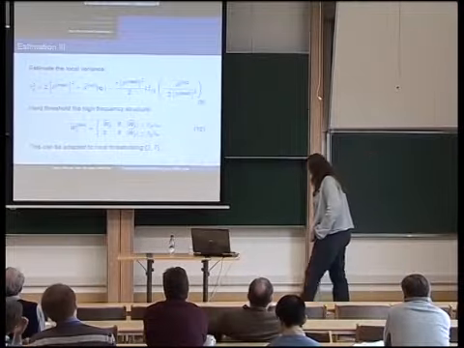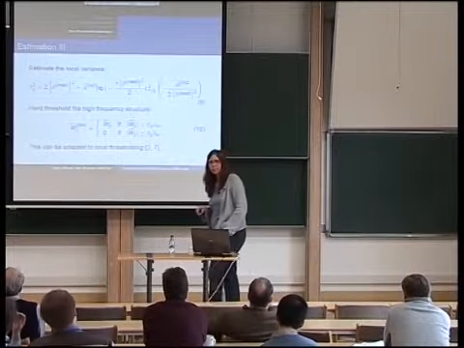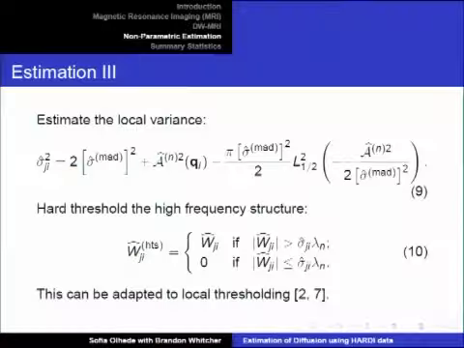Then, once you have an estimate of the local mean, the variance, you can estimate the variance of the Weyland coefficients and just plug in all of your estimates in the formula, and you end up with an estimate of the local variance. And once you have that, well, anyone can estimate Weyland coefficients with an estimate of the variance. So you just do normal hard thresholding to get estimates for the Weyland coefficients.